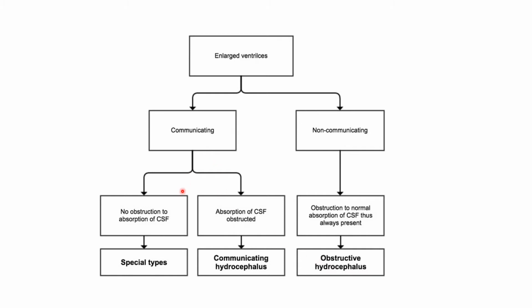Communicating hydrocephalus is where the absorption of the CSF is obstructed. Just concentrate on these two types, the obstructive hydrocephalus due to obstruction of the pathway, and the communicating hydrocephalus due to decreased resorption of the CSF. Okay, just focus on these two types, please.